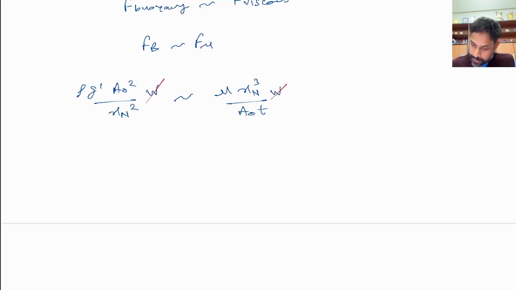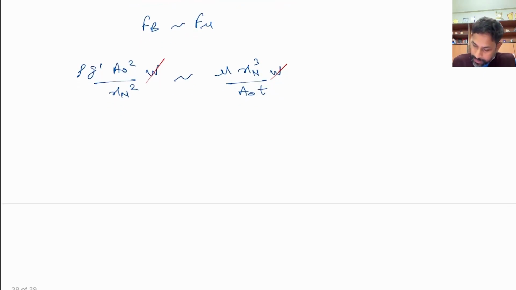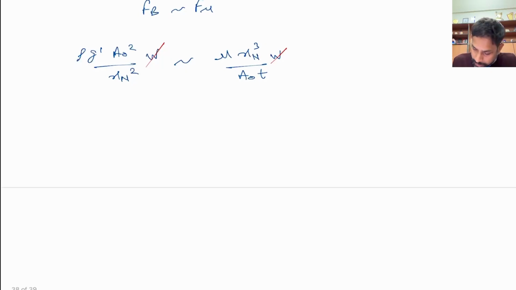We can cancel this W, and put the xn cubed term to the left and other things to the right. So this will give us xn to the power 5 is proportional to rho g prime a naught cube times t over mu.